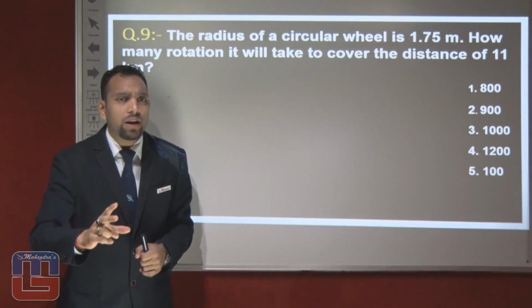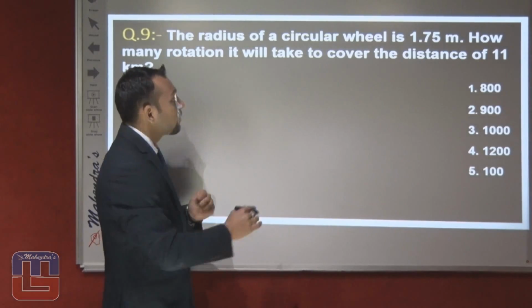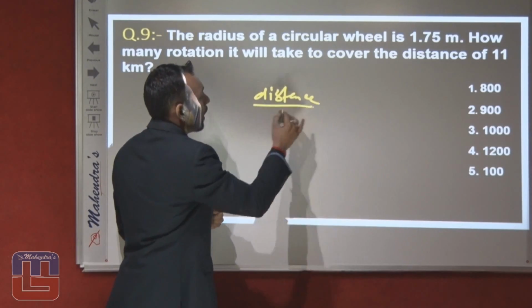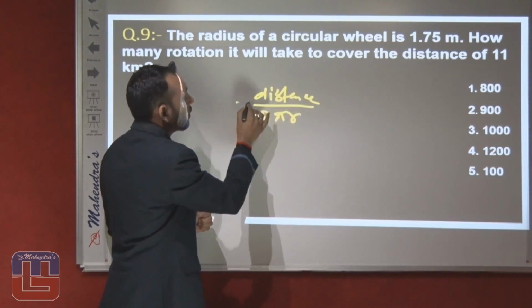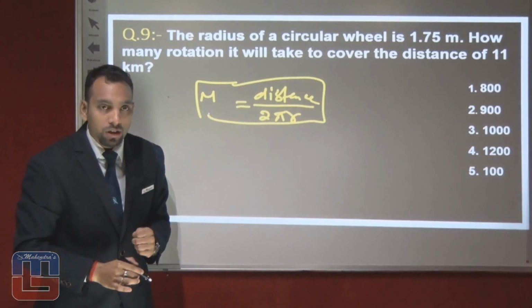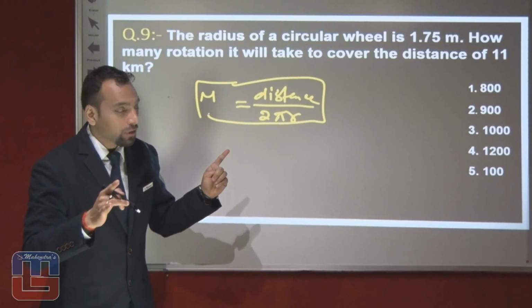If you have to find the number of revolutions, I am giving you a formula. The formula is distance by 2 pi r. Go by this formula and you will get the answer quickly.